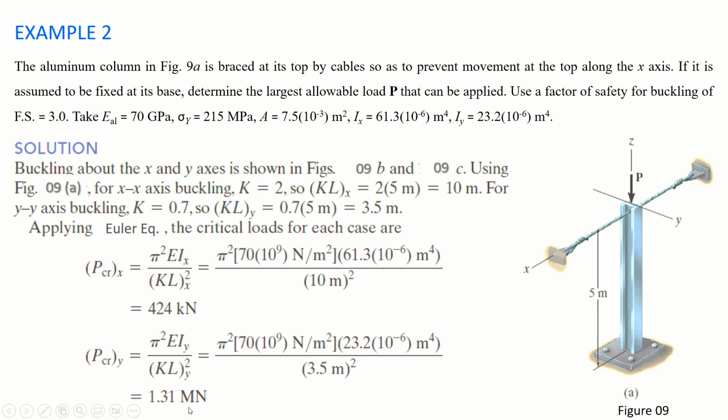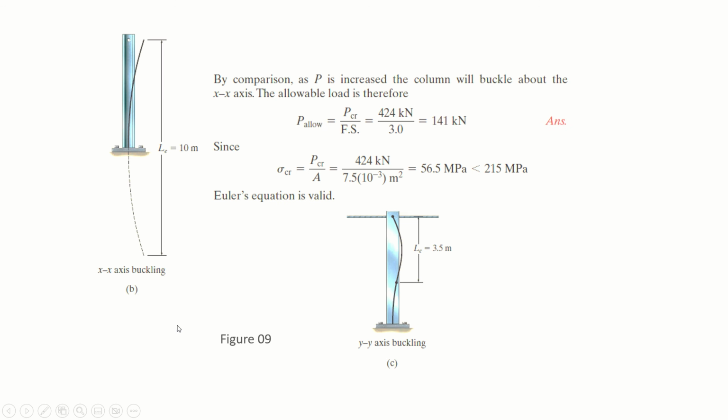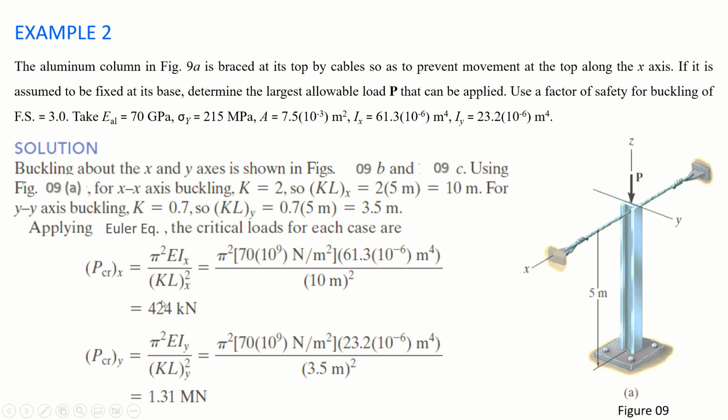Please keep in mind this is meganewton, okay, which is much larger than this one. By comparison, as P is increased, the column will buckle about the x-axis. The allowable load is therefore the smaller one, because about x-axis it is weaker, right? And this direction will govern.